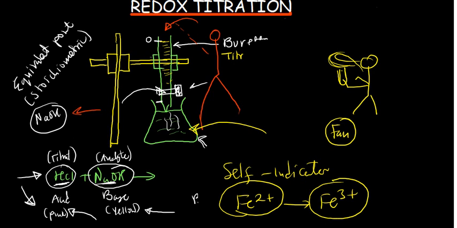So if you see that the color has changed, maybe from green, let's say, to red, just know that iron 3 plus has been formed. So you don't need any indicator for any redox titration. All right.